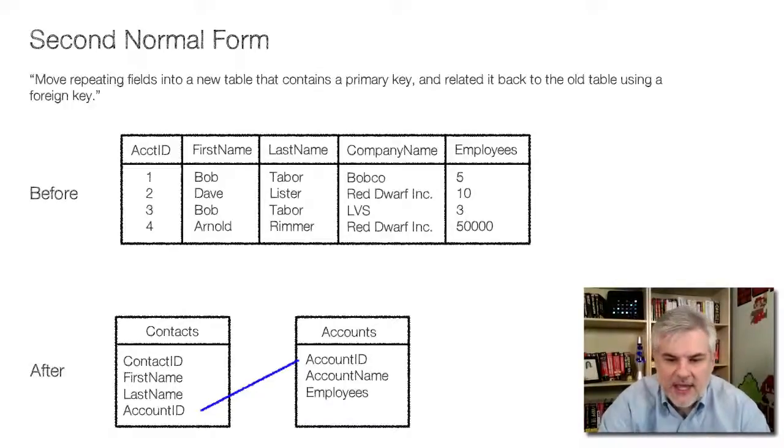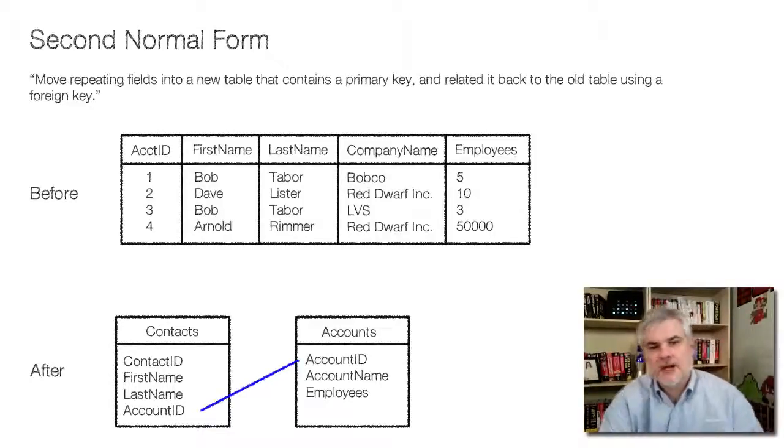Now you can see that we have an accounts or company table that would include the account name and the number of employees, and then a contacts table that would include the actual employees themselves. So if an employee moves from company to company, he can change which account he's associated with in the database. At this point, that level of normalization makes most people comfortable.